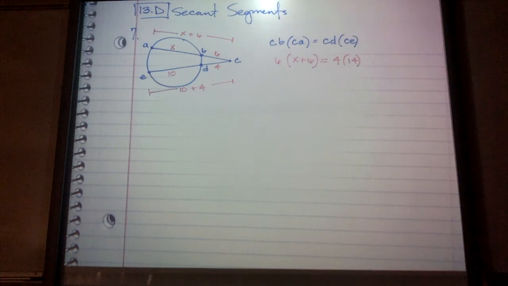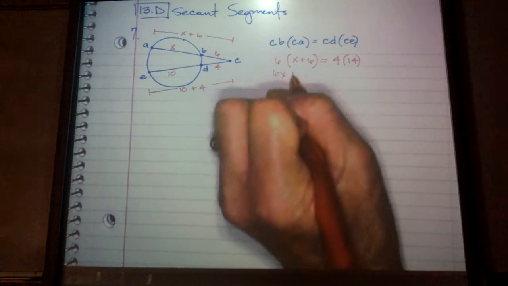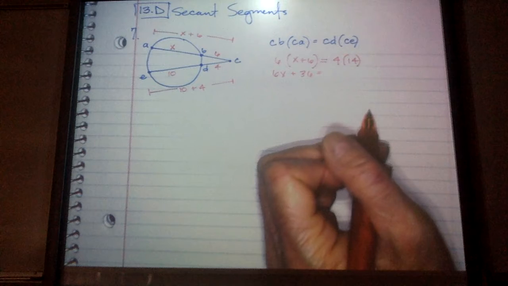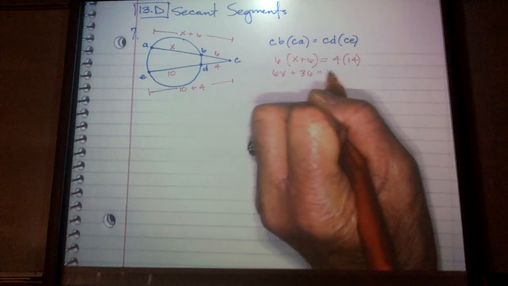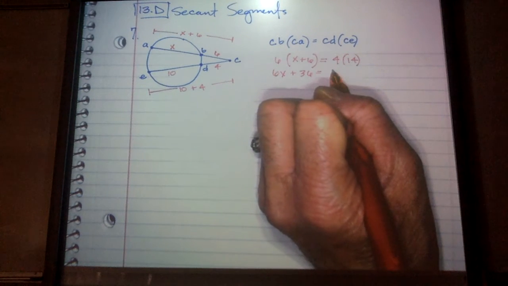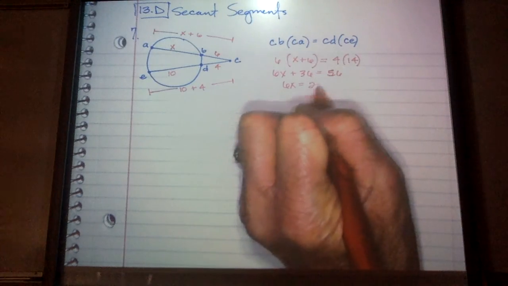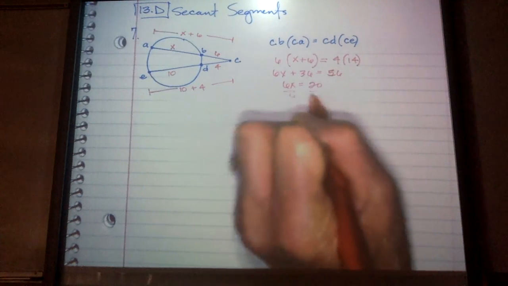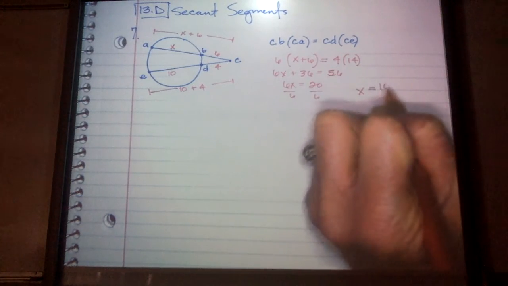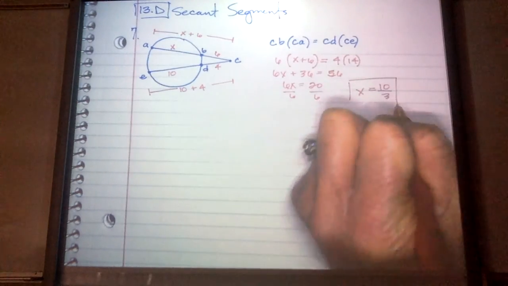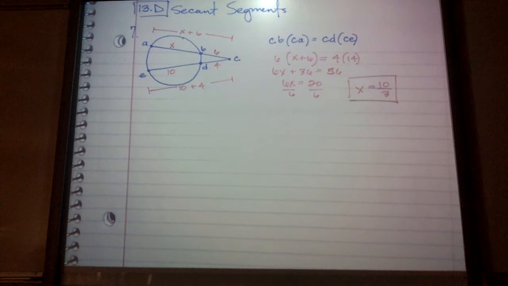I would distribute, so 6x plus 36 equals 4 times 14, which should be 56. So I'm going to subtract 36 and I get 20. Divide by 6 and x equals 10 over 3, because we always reduce our fractions.